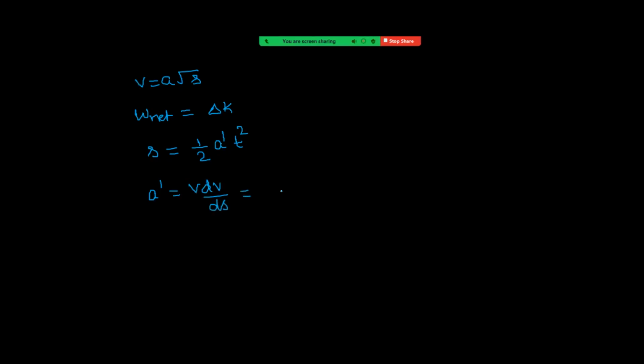Okay. V value is a root S. Next, dV by dS is a into 1 by 2 root S. Right. That is, root S gets cancelled. It is now a square by 2. That is now the acceleration. That means it has a constant acceleration because a is a constant.